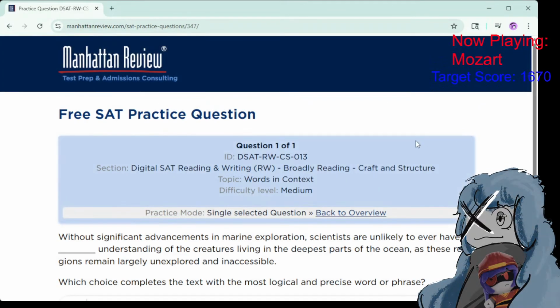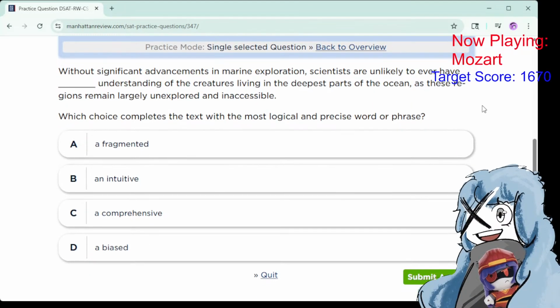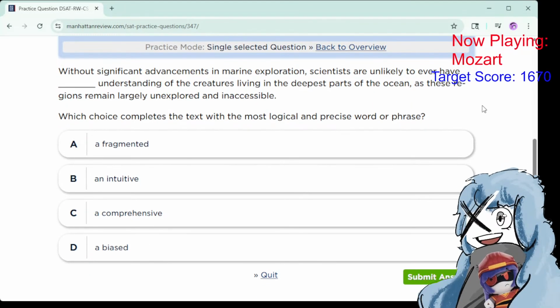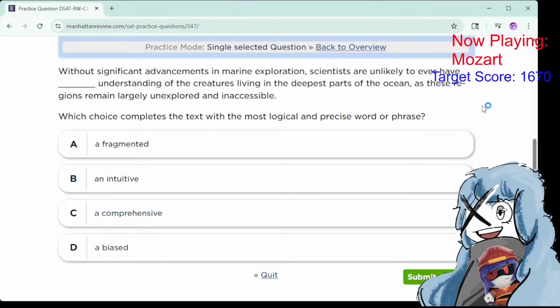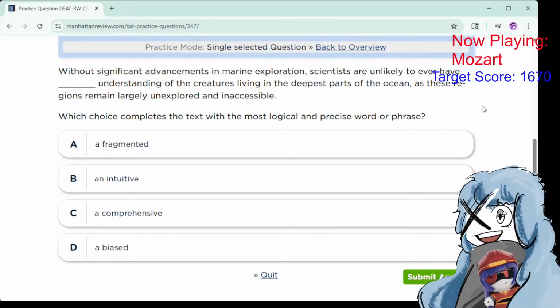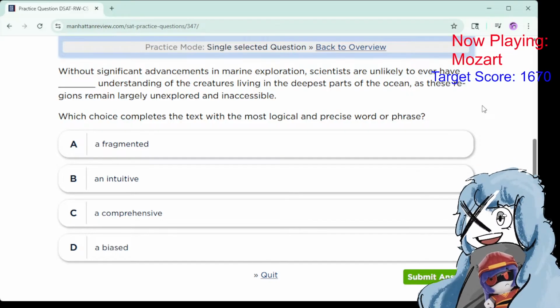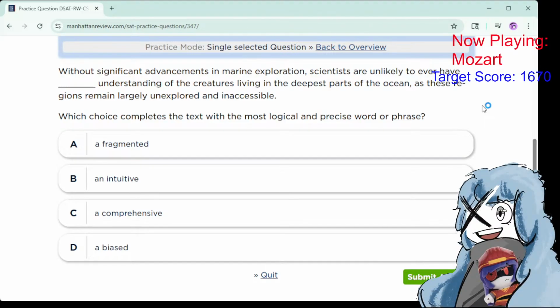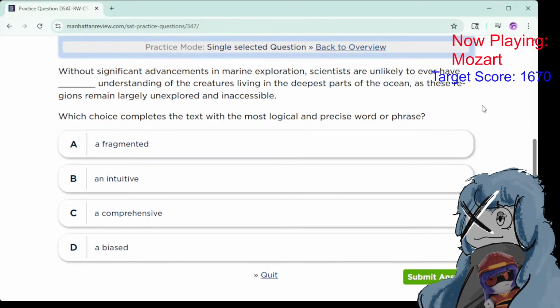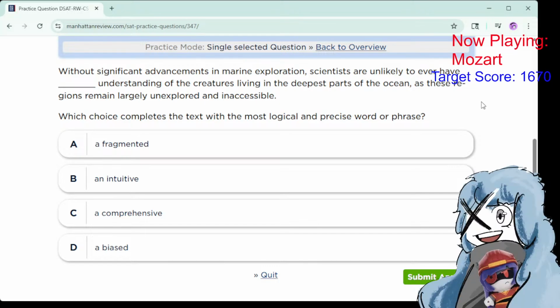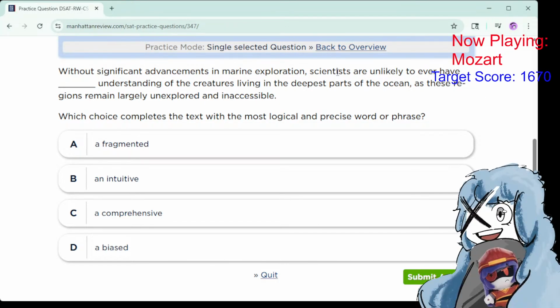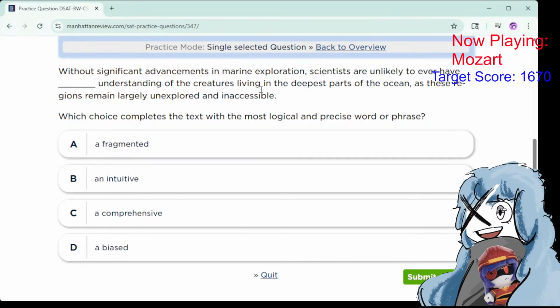Words in context. Without significant advancements in marine exploration, scientists are unlikely to ever have blank understanding of the creatures living at the deepest part of the ocean, as these regions remain largely unexplored and inaccessible. Without significant investment in exploration, I'll never have a good understanding of the marine creatures living there.